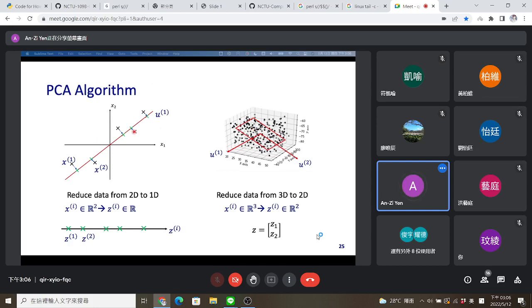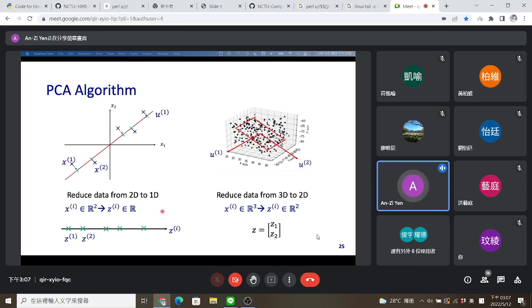So what we want to do specifically is to find the vector u1, or for a 2D surface, vectors u1 and u2, to define this surface. Here's a quick reminder of what reducing the dimension of data means.